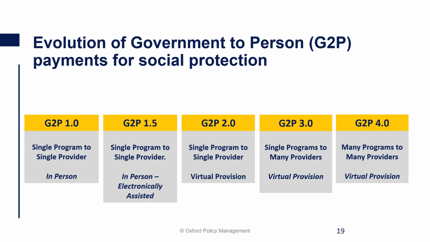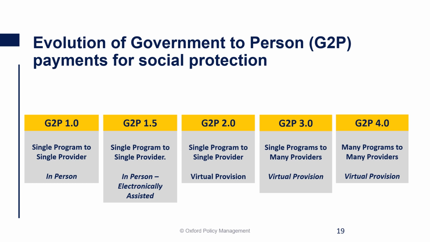Now, when we say G2P 1.5, it refers to distribution of benefits from a single program to a single provider, where provision is in person and electronically assisted. This is one program managed by one provider, and the provider is outsourced, such as commercial banks or mobile network operators.